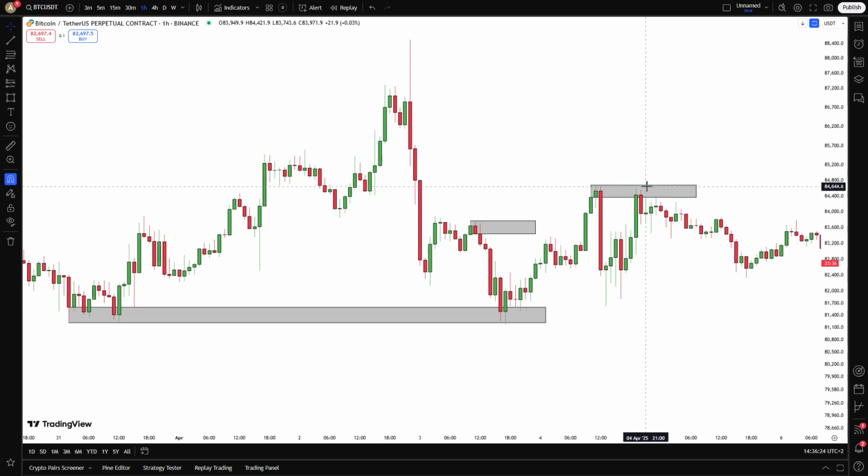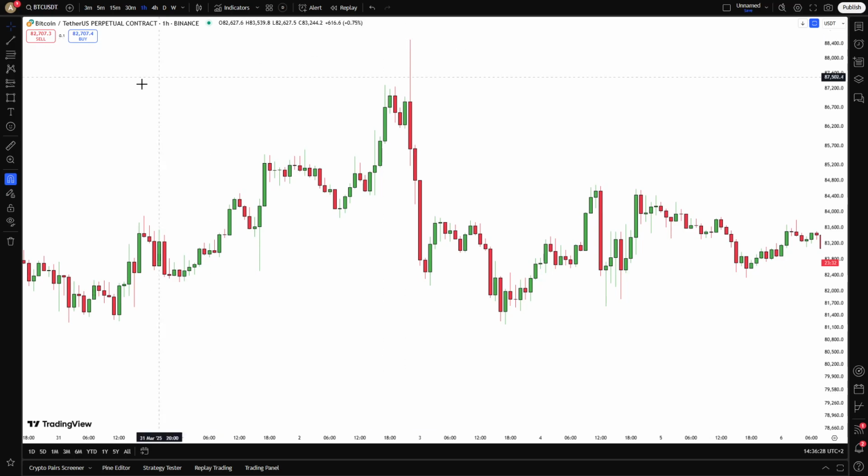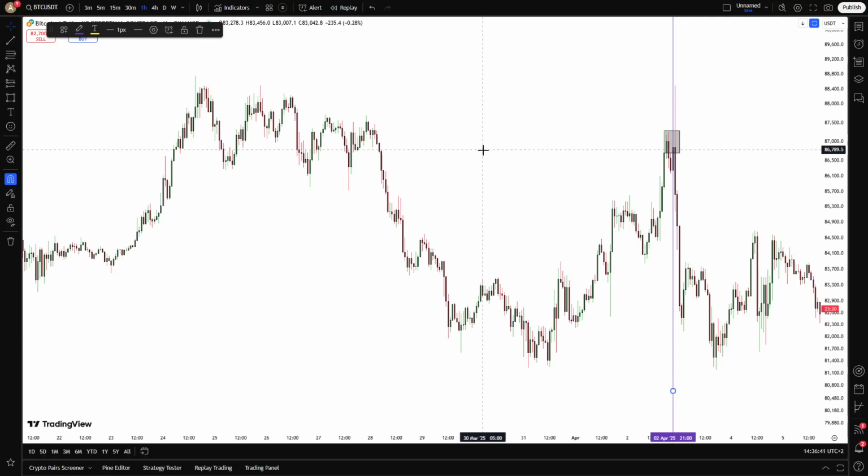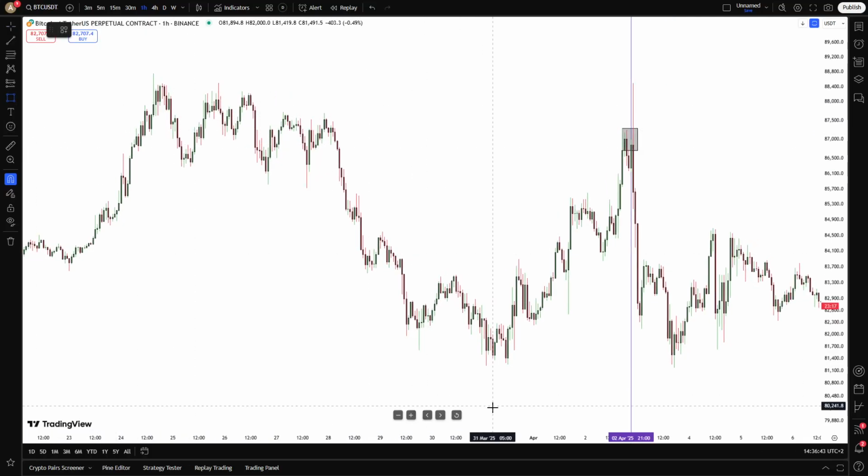Now we will be looking at the recent top, this one. Who was in control here? Or who can you expect to be in control here? Let's find your major pivot points again. This one.